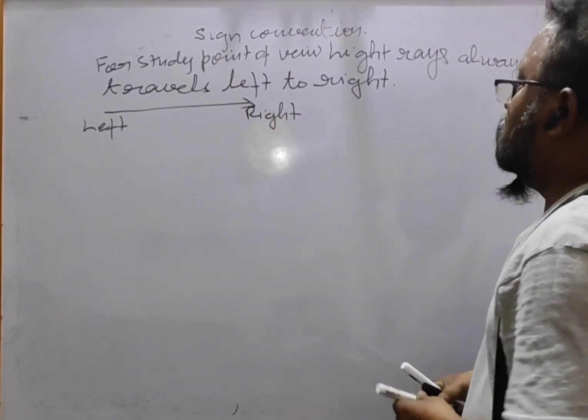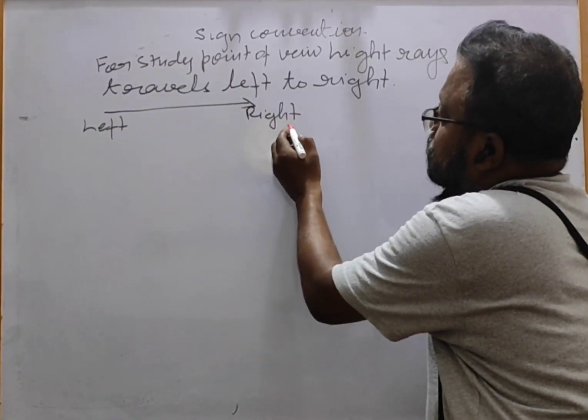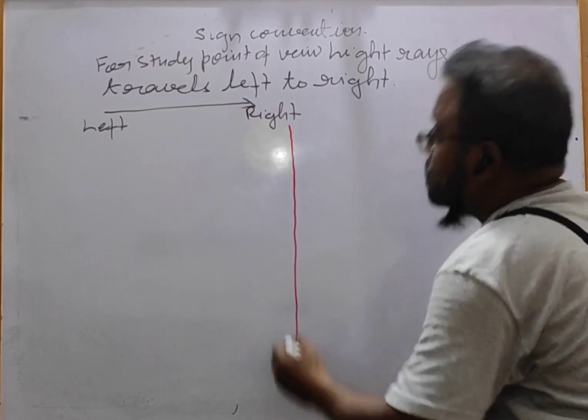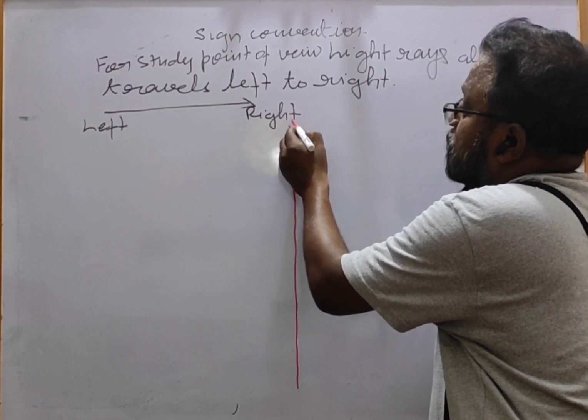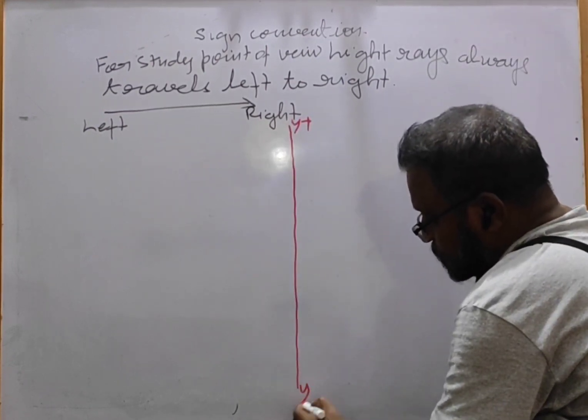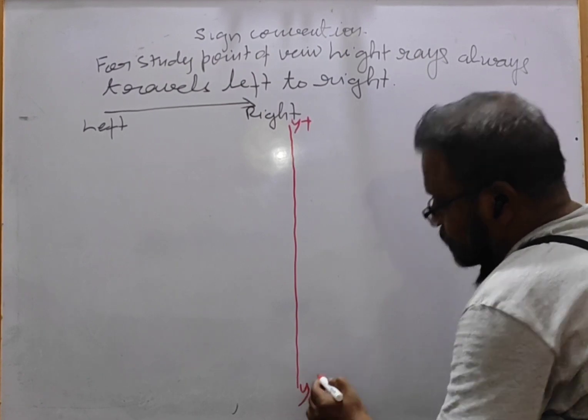If you make a Cartesian plane, it is like this. This is y-axis positive, this is y-axis negative, right?